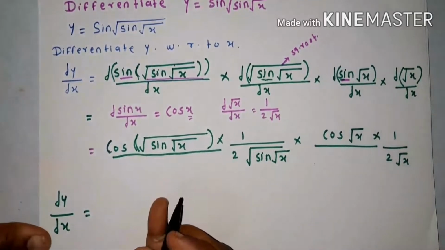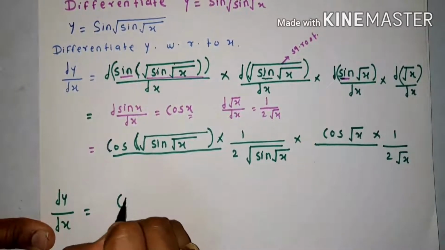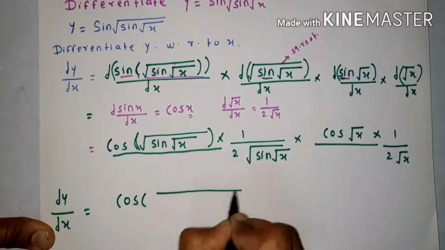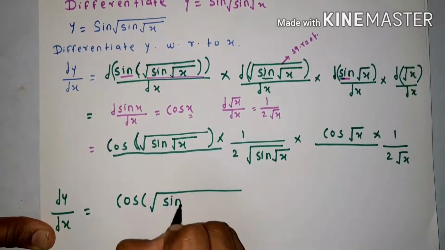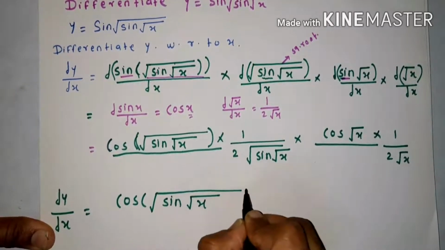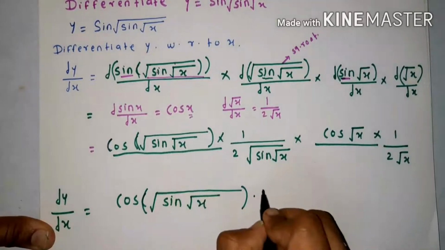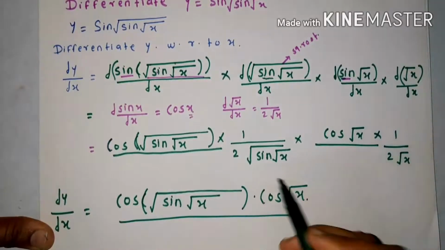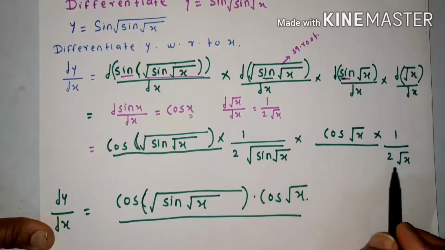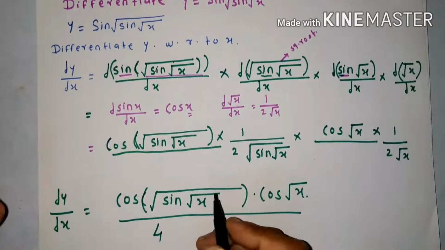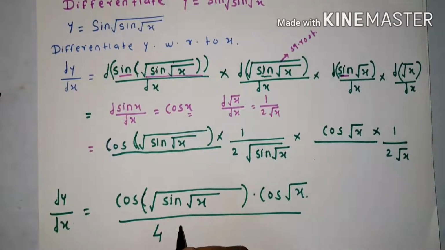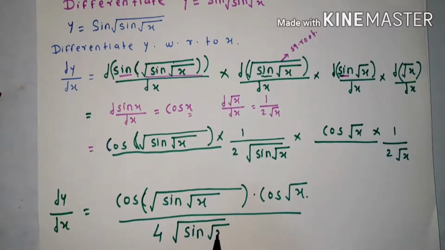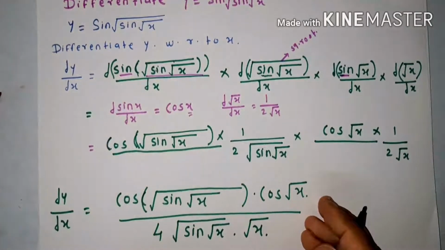The last answer is the terms of numerator, that is cos of square root of sine of square root of x into cos of root x, upon the terms at denominator, 2 into 2, 4, root of sine of root x into root x. This is dy by dx.